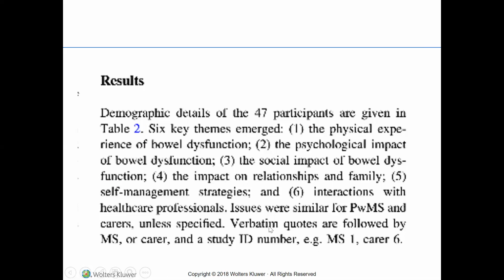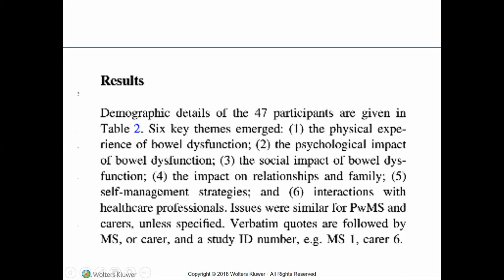And then they use verbatim quotes, followed by the individual and their study ID, in the way they represent the data. They do this in tables and in the text as well in this article. By doing this, they increase the idea that this wasn't made up.